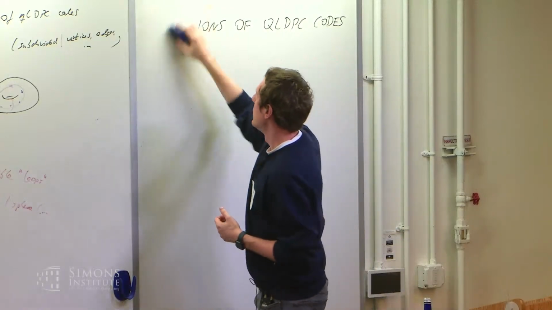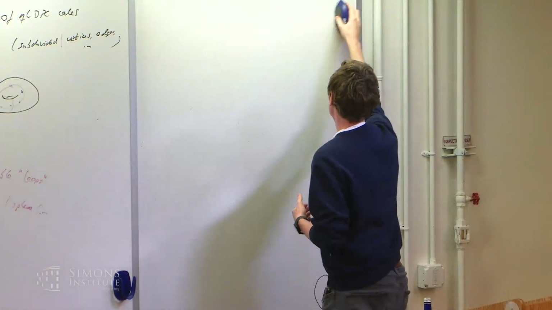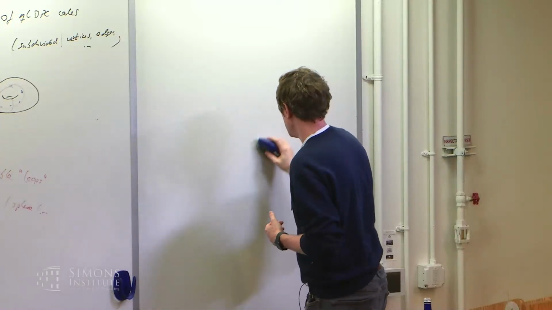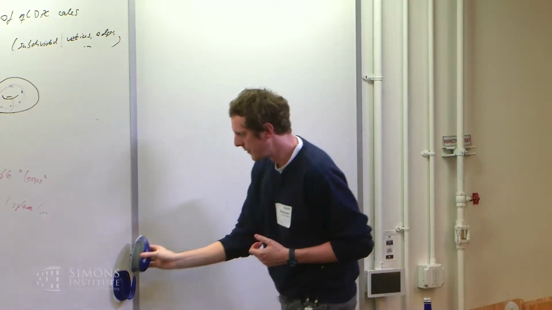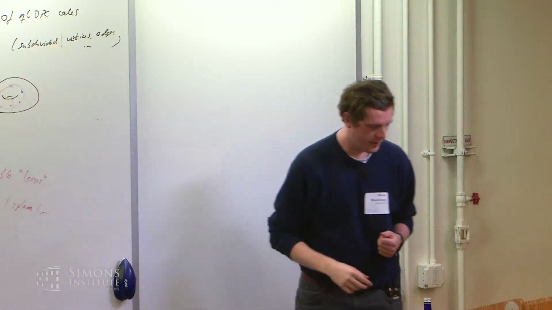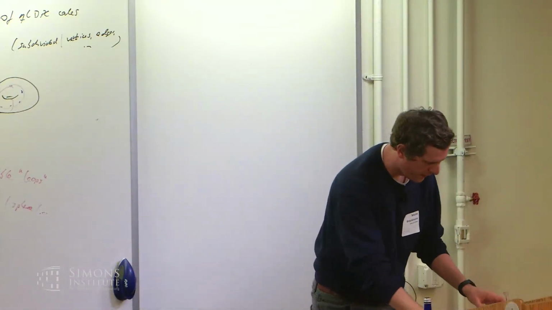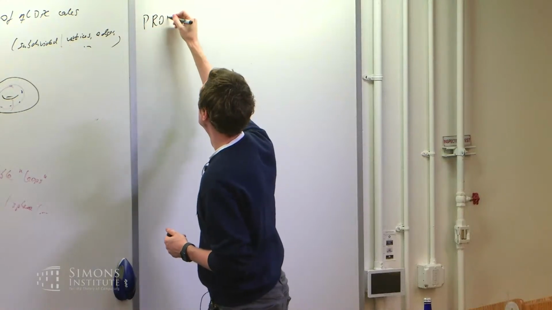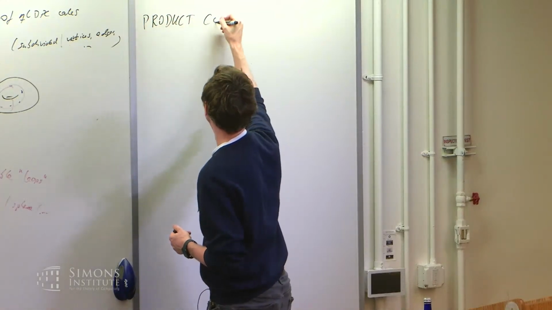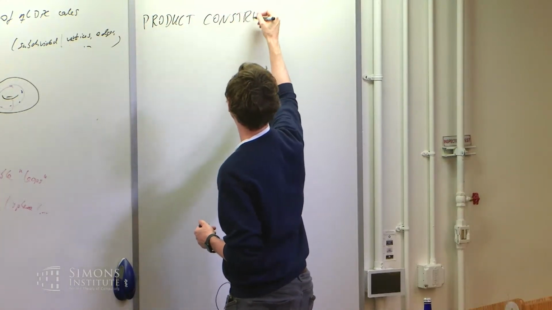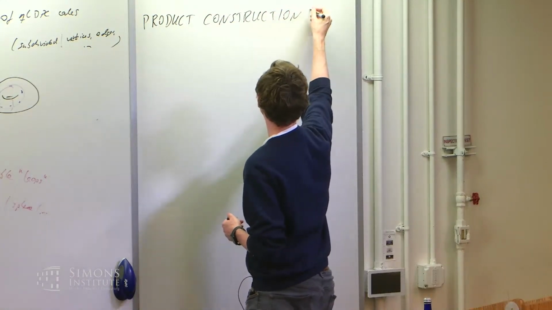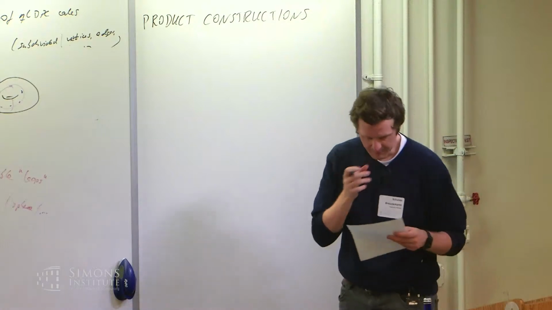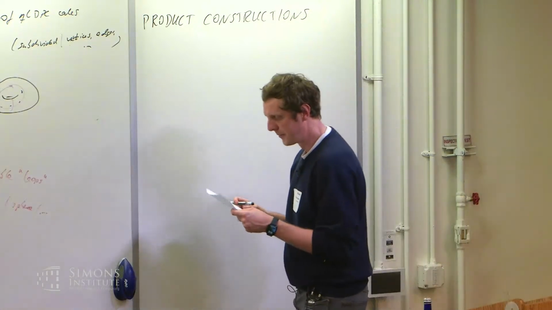Okay. So now I want to talk about the more successful approach in increasing the distance, and these are product constructions. For this, let me consider the humble repetition code.